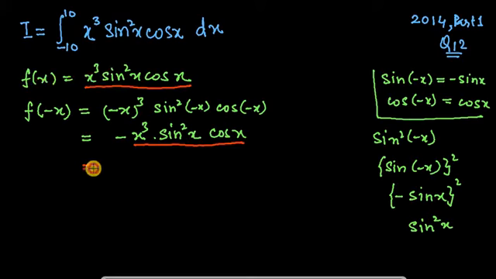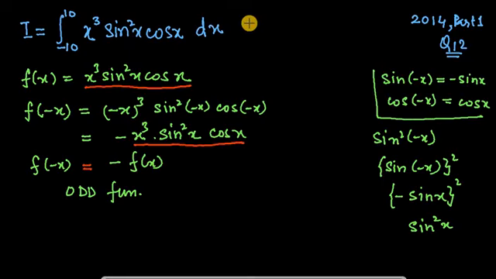So we can say this is equal to minus f(x), and this is the condition, f of minus x is equal to minus f(x). This is the condition for the odd function. So by this we can say that since this is an odd function, and a is equal to 10 here, it is minus a to a, so we can directly say that the result of the integration of this function within the limits minus 10 to 10 will be 0 by the property which we have just seen.